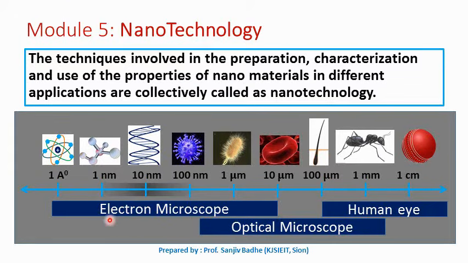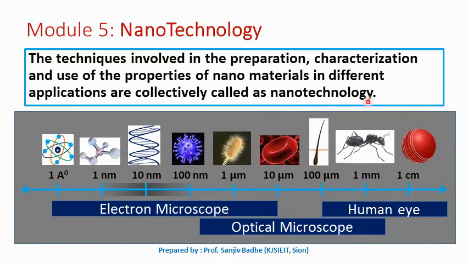Electron microscopes will be very important tools in nanotechnology, because nanoparticles are very small in size. We will not be able to see them with our eye, or even with a very high resolving power optical microscope. So we will need a very high resolving power microscope, and such microscopes are called electron microscopes.